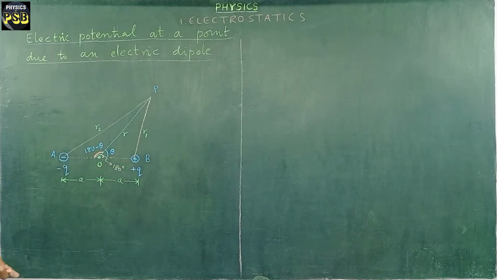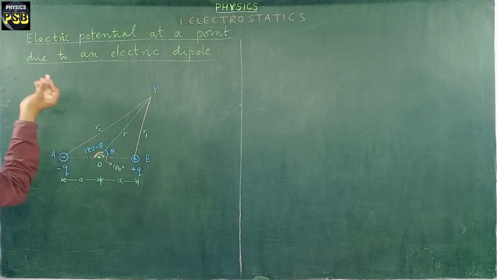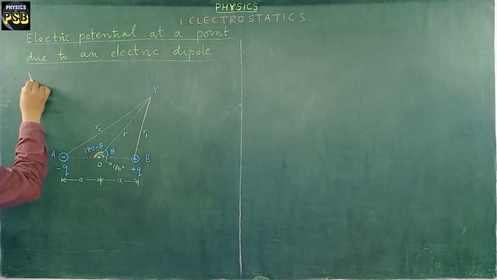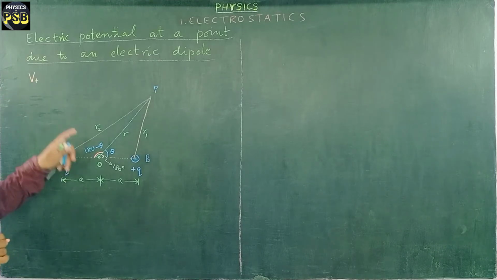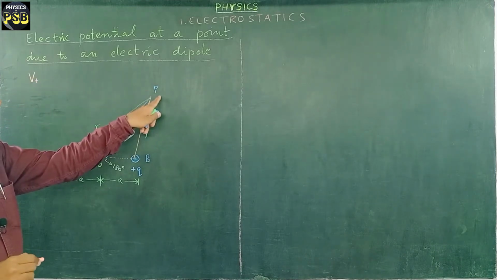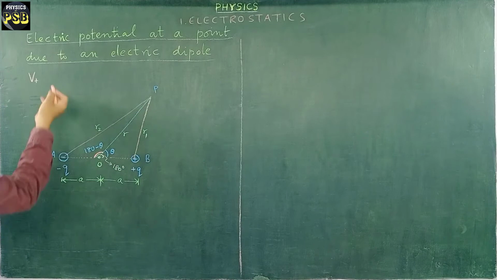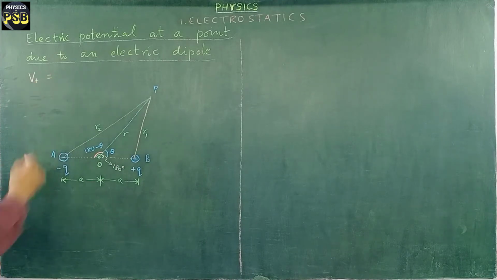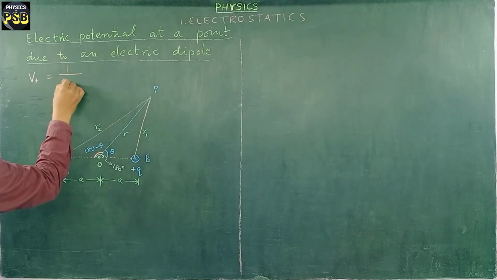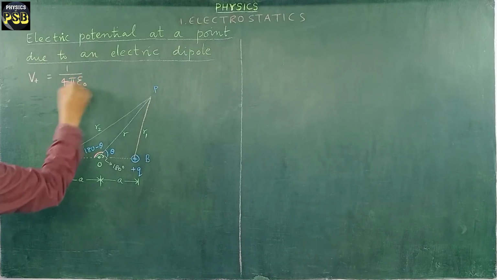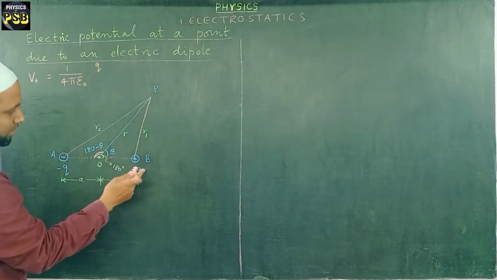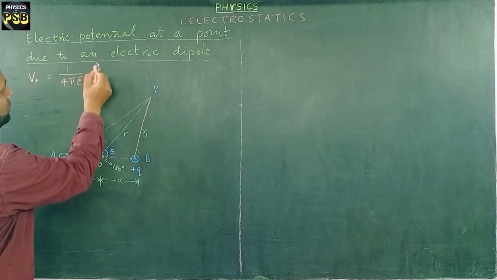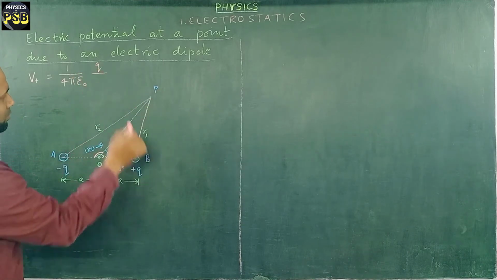Now I find out the electric potential at point P due to the positive charge. I take it as V plus. This represents the electric potential at point P due to the positive charge, and it is found to be equal to 1 upon 4 pi epsilon naught, then plus q, divided by the distance between them.